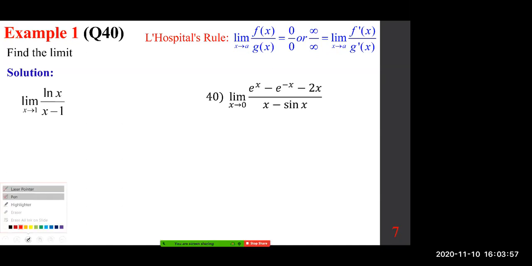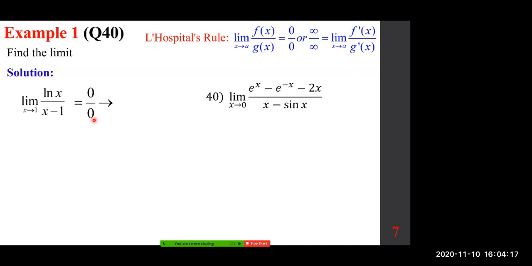So your first step is to say this is equal to 0 over 0. Obviously you see why: ln of 1 is 0, 1 minus 1 is 0. So first you indicate it's 0 over 0 when you plug in. Therefore, you can use L'Hopital's rule.